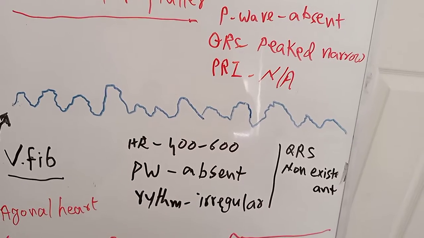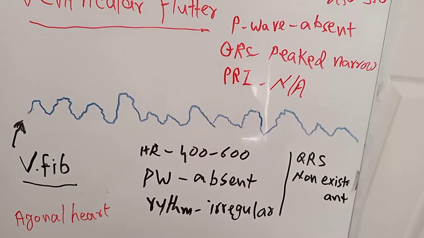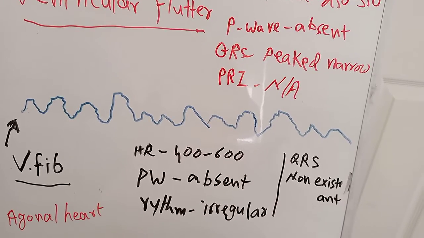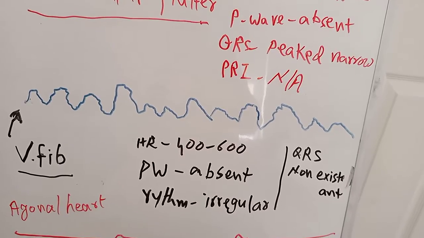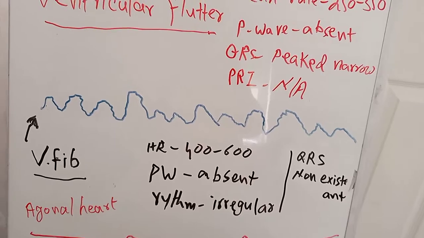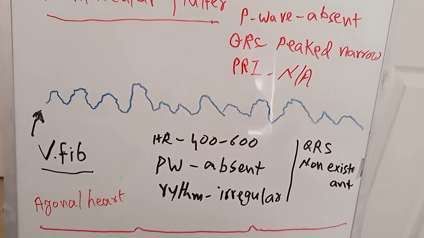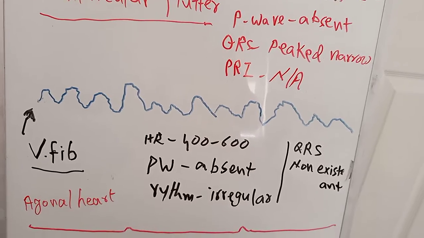They are neither QRS complexes nor P waves. All the areas are independently producing depolarization in a very small area that cannot cause contraction of the whole ventricle. So they can cause only quivering of the heart.